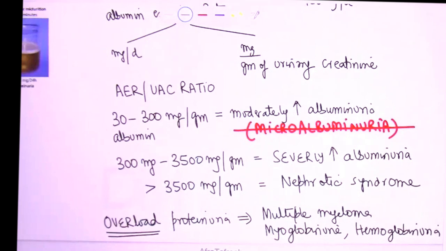So especially when you are testing for proteins and checking for RBCs in the urine, you can tell the patient to avoid physical exercise for at least a week before the testing is done, because lots of times you might have false positive reports coming up. Like a person having 500 milligram of protein in urine on a daily basis per gram of urinary creatinine would come in the category of moderately increased albuminuria, whereas this guy is not having a kidney disease. It's strenuous physical exercise that has resulted in that.